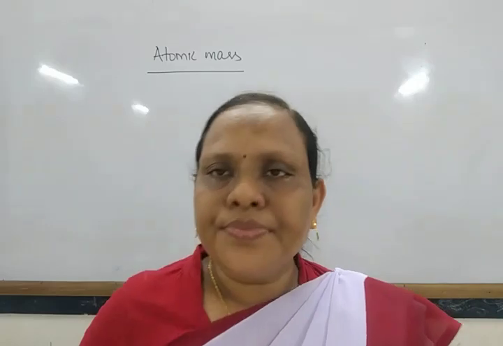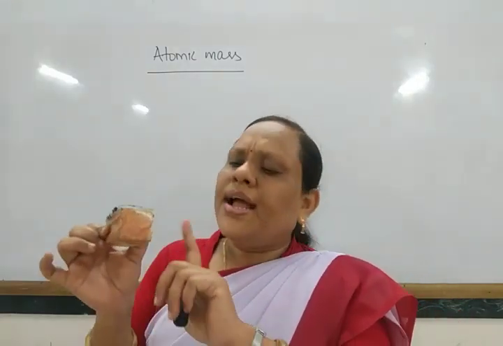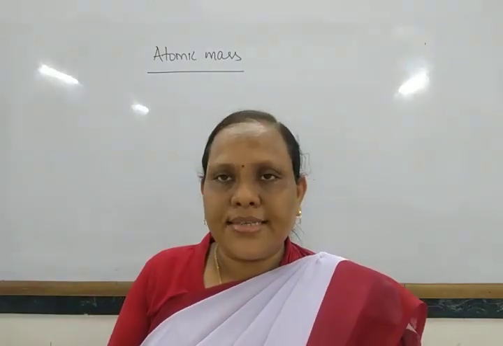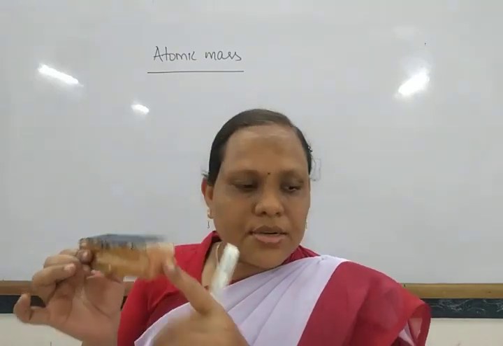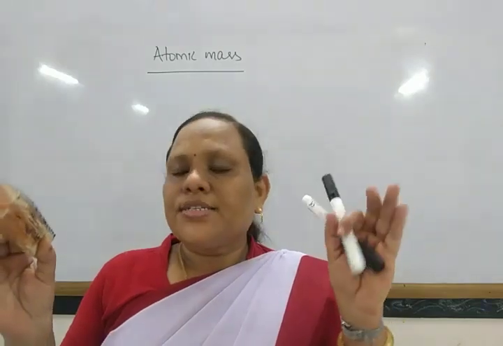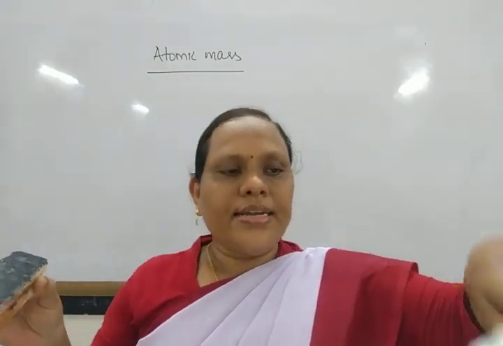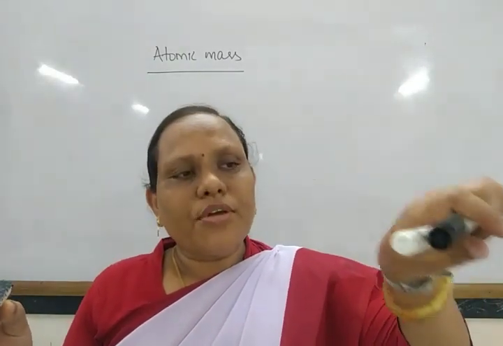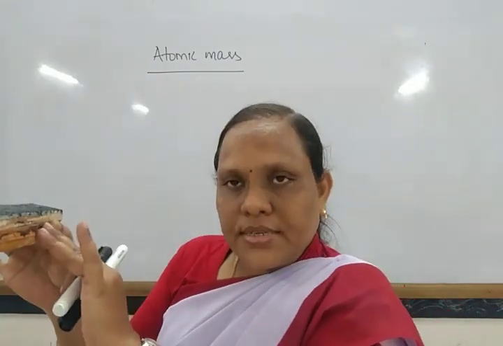Suppose I want to find out the weight of this duster, and I have no weight box, anything else, only a simple balance, and there are many pens like this. On one side I keep this duster and on the other side I keep a number of pens. How many pens equal the weight of this duster?